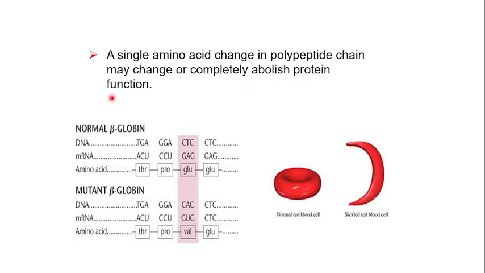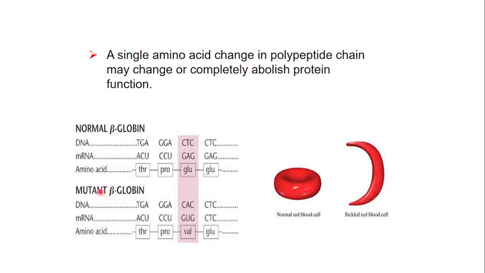One specific example of this is in the normal red blood cell, where we have this sequence of DNA, and just a single change in your codon, or a single change in the amino acid, can actually lead to a disease condition. Here we see a normal beta globin, or a normal blood cell, where the amino acid sequence is threonine, proline, then glutamic acid followed by another glutamic acid.